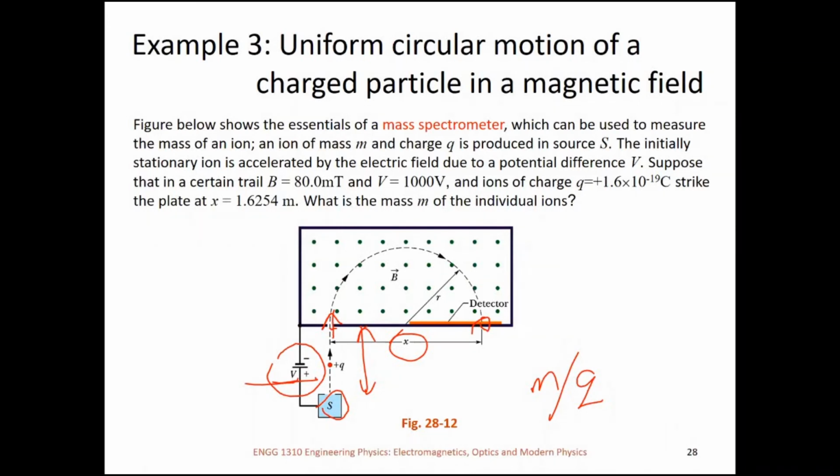So the question is, what is the mass m of the individual ions if the ions have charge q equal to just 1e, 1.6 times 10 to the minus 19 coulomb? We can derive the relationship between the mass and x.